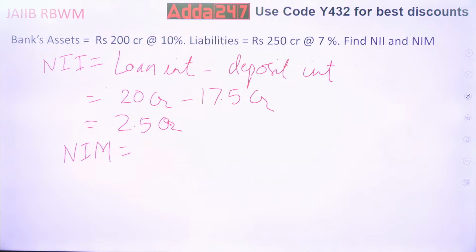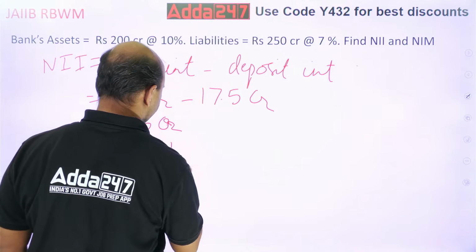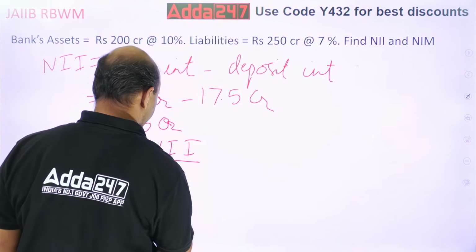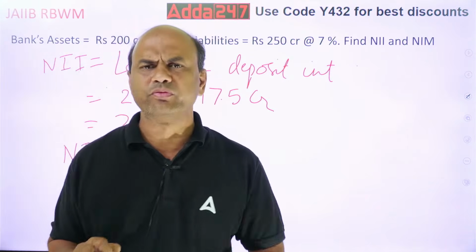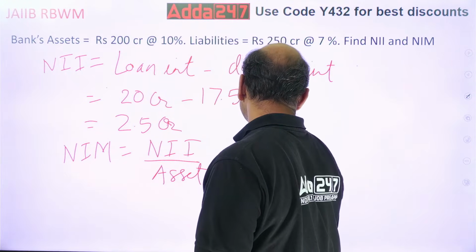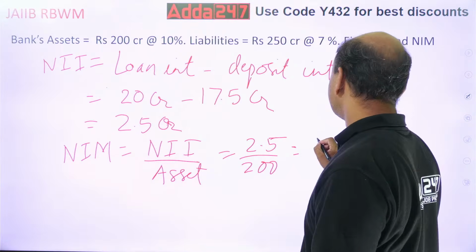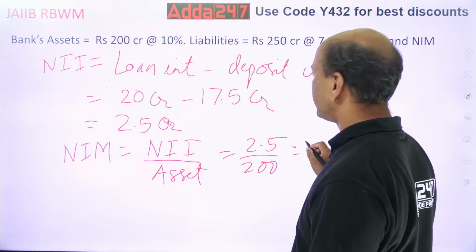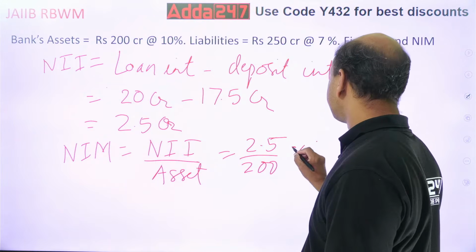Yes, what is the answer? NIM. 1.25. Yeah, correct. NIM is 1.25. See, NIM means what? NII divided by assets. Very good. Those who have attended the classes, paid classes, they'll very easily understand this, right? So 2.5 upon 200. So that is equal to 1.25. Then into 100 for percent.